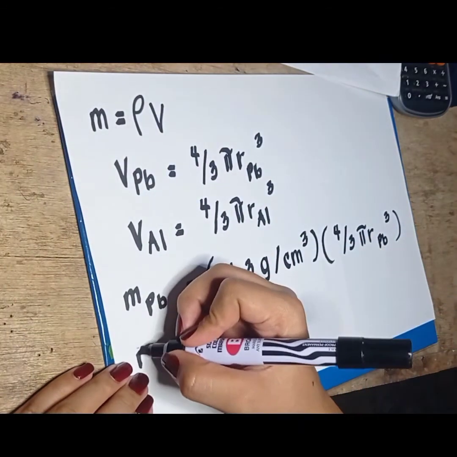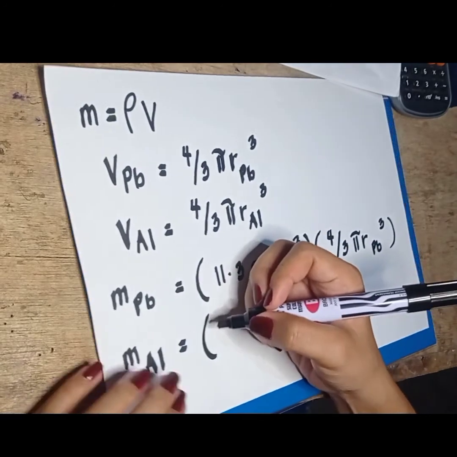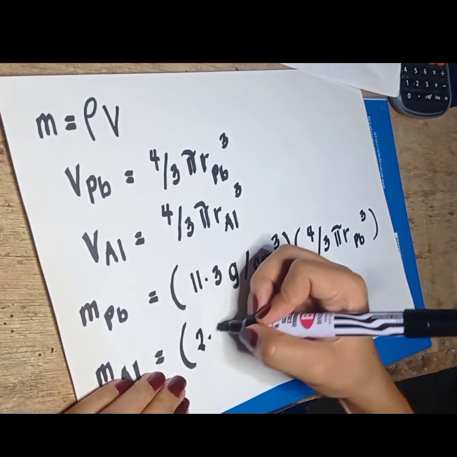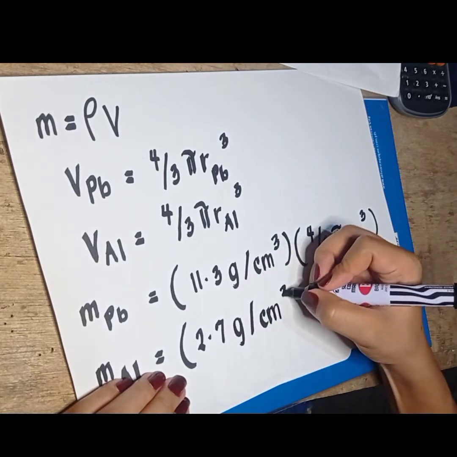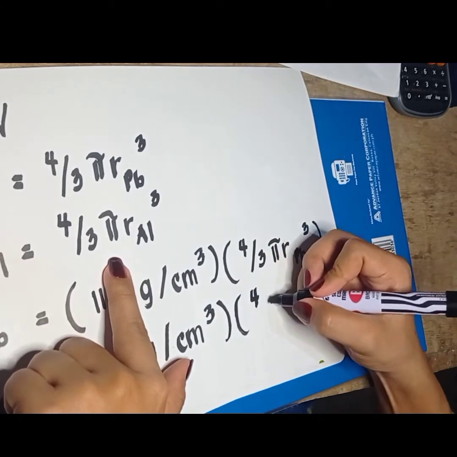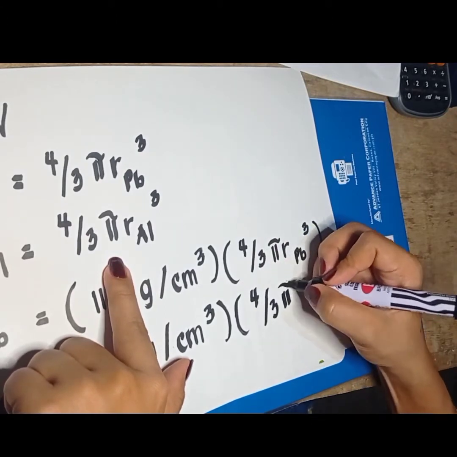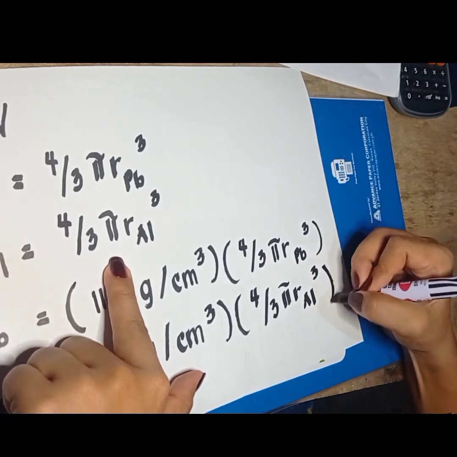And for the mass of the aluminum, its density is 2.7 grams per cubic centimeter and its volume is 4/3 pi radius of aluminum cubed.